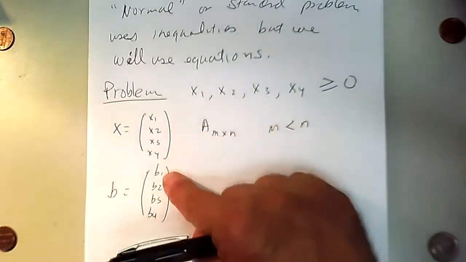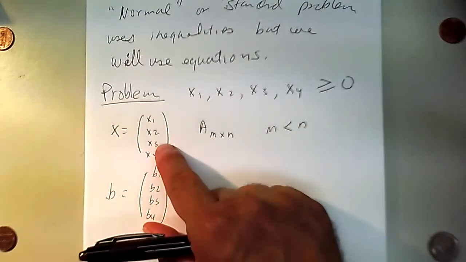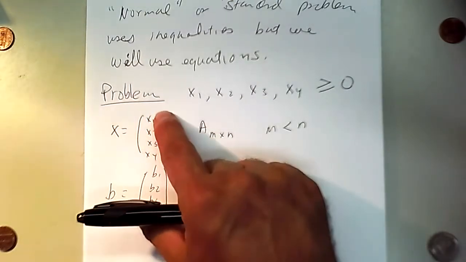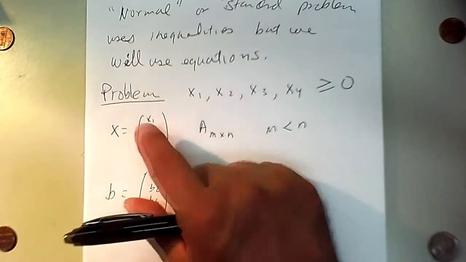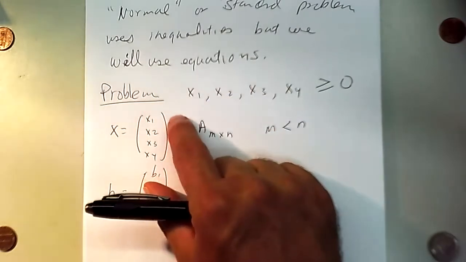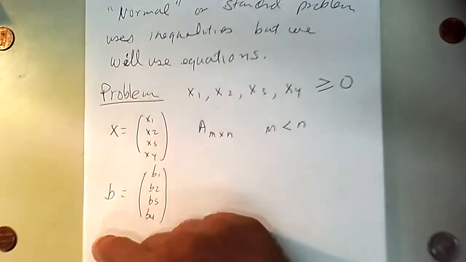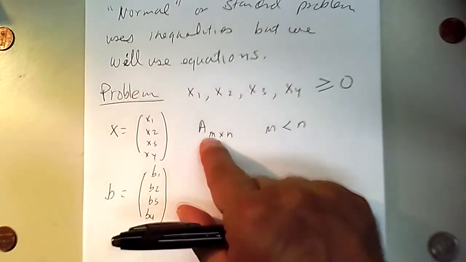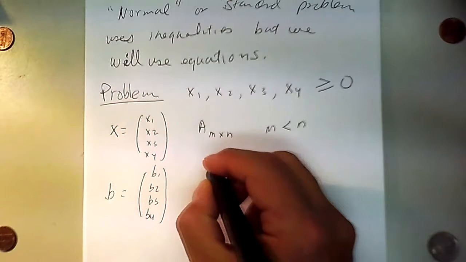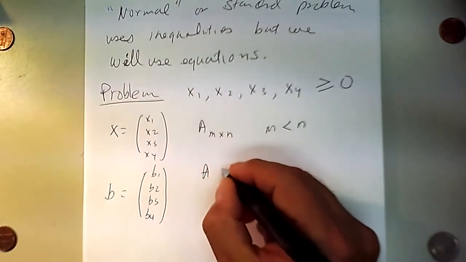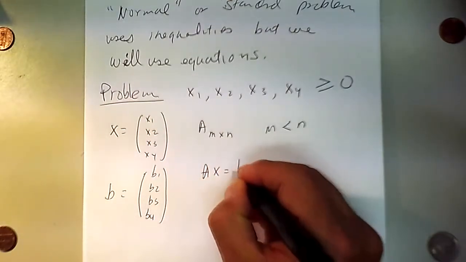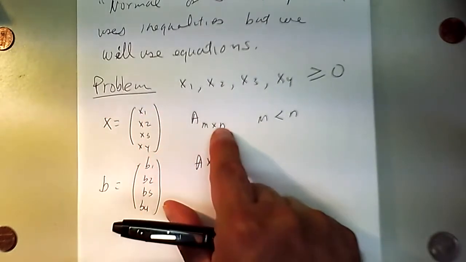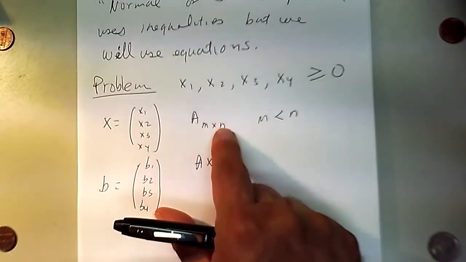By the way, I'm using 4 variables right now, but in the first examples, we're going to only use 2. So instead of having x1 through x4, we will have x1 and x2, and that's the end of it. Oftentimes, I'm going to call that x and y instead. Same thing with the b's and the matrices. Because we're going to multiply A x equals b, if we have 4 variables, that means that the n has to be 4.